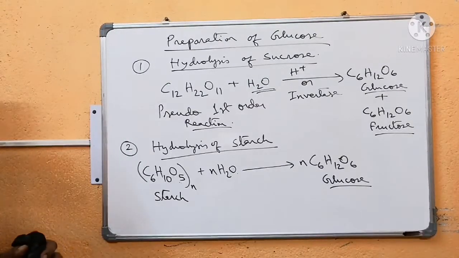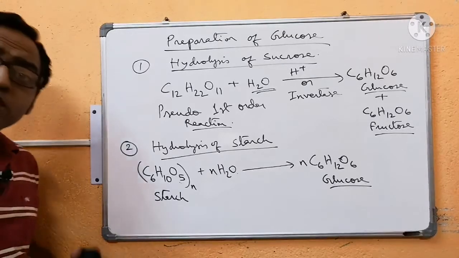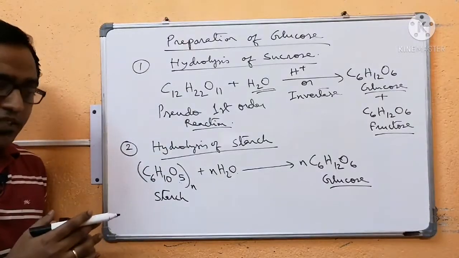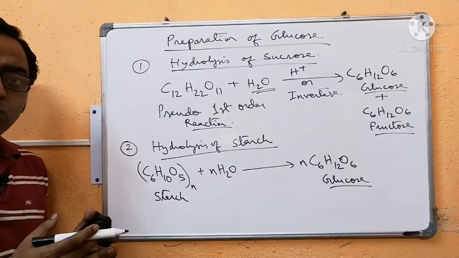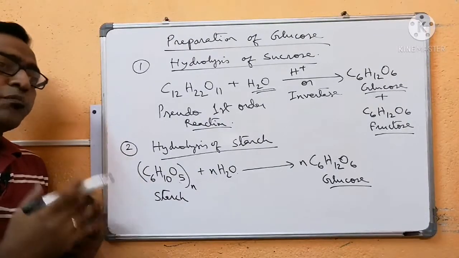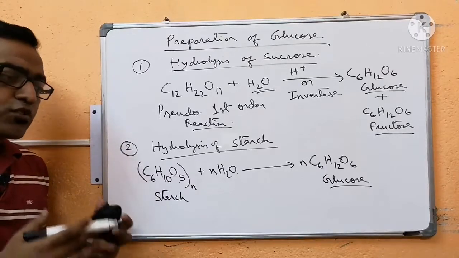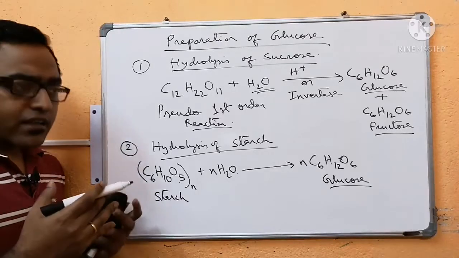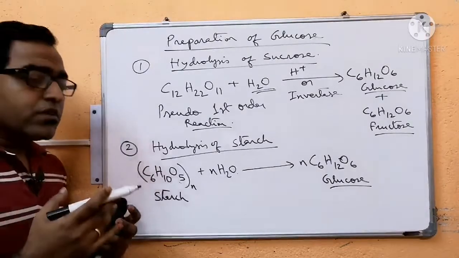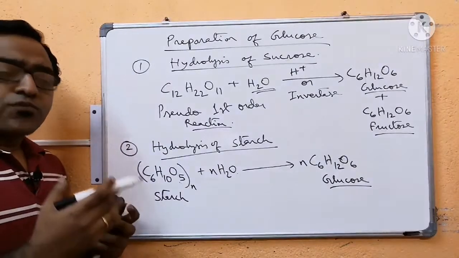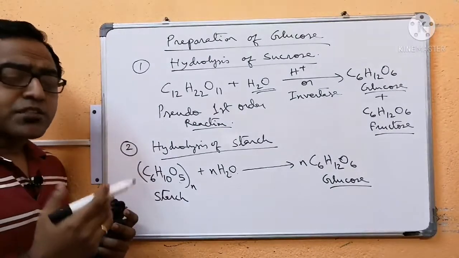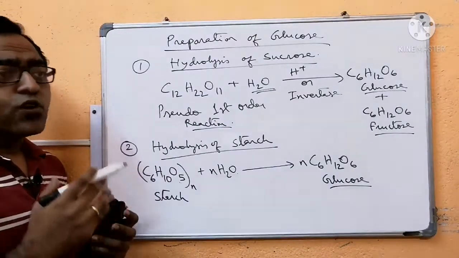Next topic is very important, that is structural elucidation of glucose. What is meant by structural elucidation? It is nothing but structure determination. The structure of glucose was determined long back when technology had not advanced to that level. Nowadays, to determine the structure of any compound, we do NMR study, mass spectrometry, IR, UV, all these techniques.